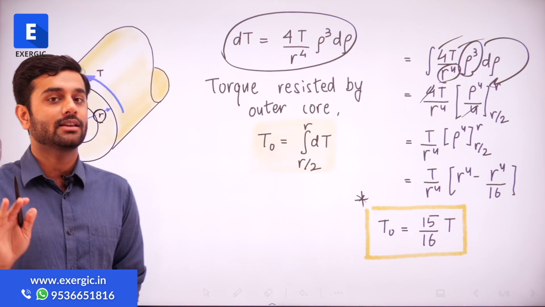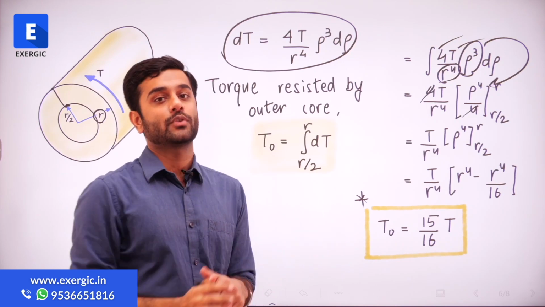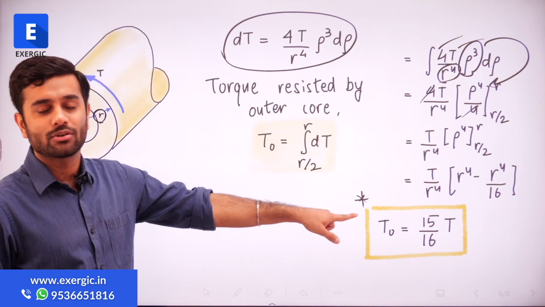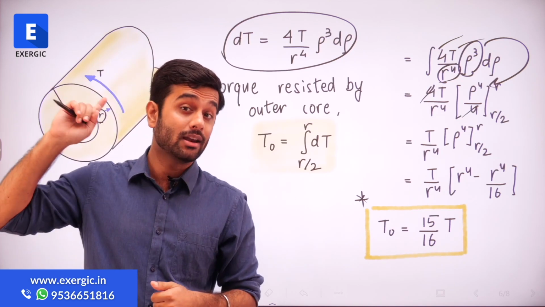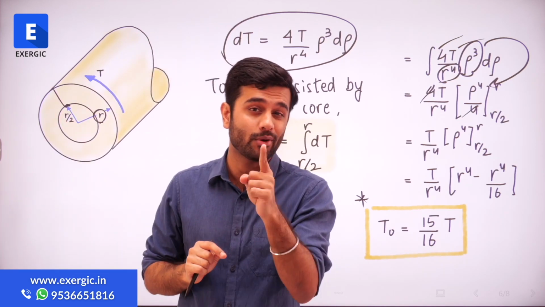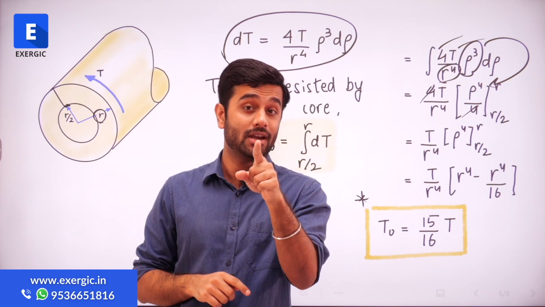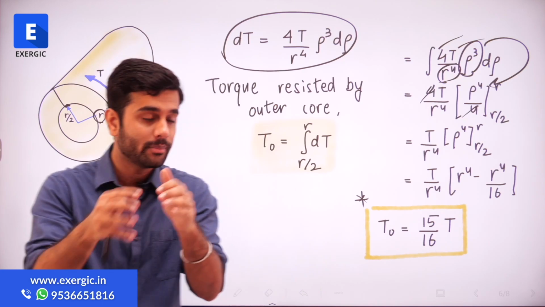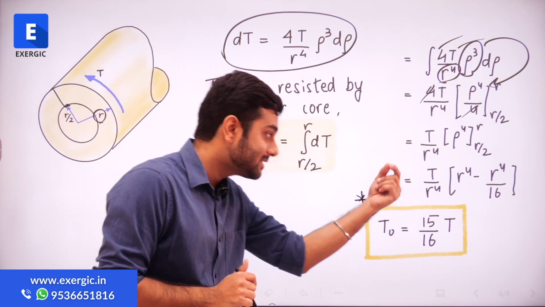It's a very interesting expression. And please note, there are 2-3 things that I want to discuss right now. Not only finding out the value of TO, but some other point that I started earlier. I started this lecture with one point, whether we can use the expression of tau equal to 16t by pi d cube. Remember? We are also coming to that. So the value of TO is equal to 15 by 16 times t.